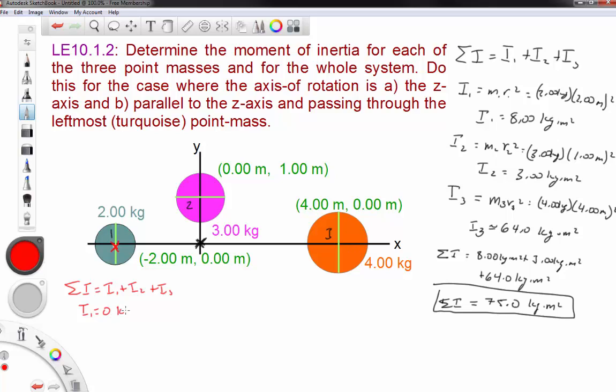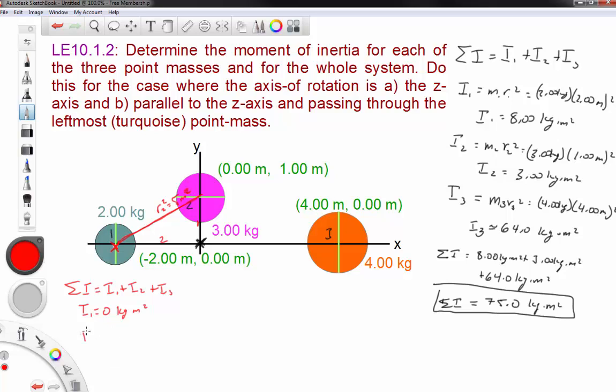So 0 kilogram meters squared. I2 is the one that we're going to have to actually do something with. It's located here. So how far away is this from our axis of rotation? Well, it is up 1 and over 2. So this distance, R2 squared, should be 2 squared plus 1 squared. So that's 4 plus 1, so that should be 5 meters squared.